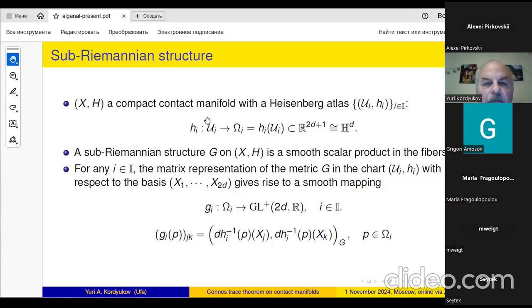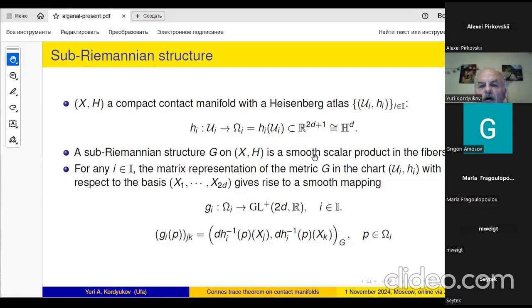This is called a sub-Riemannian structure. So in geometrical language, a sub-Riemannian structure is a smooth inner product in the fibers of this H. So we just fix an inner product in each fiber, in each hyperplane, and it should depend smoothly on the point.